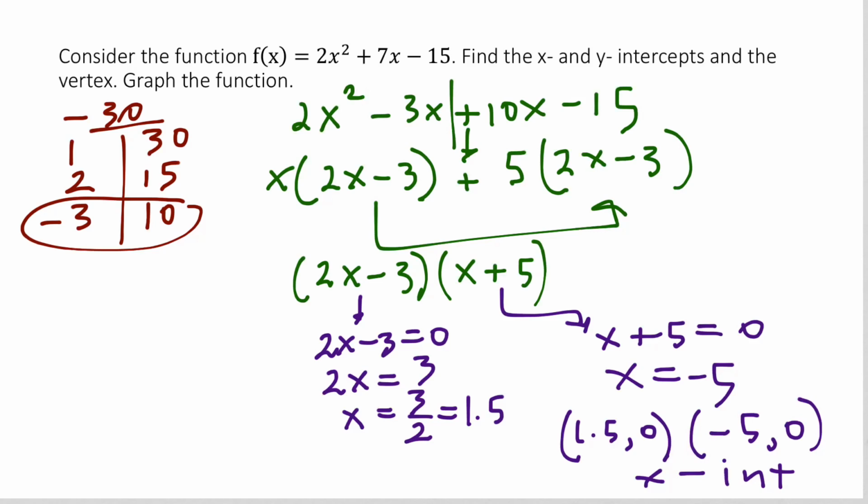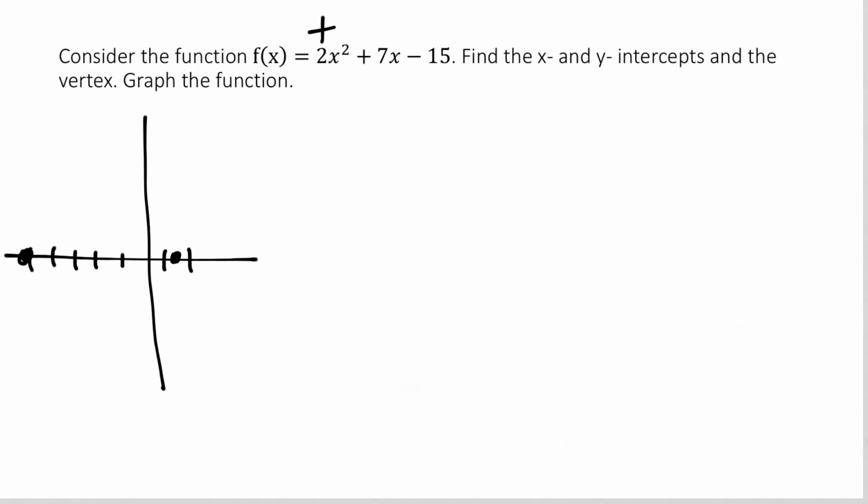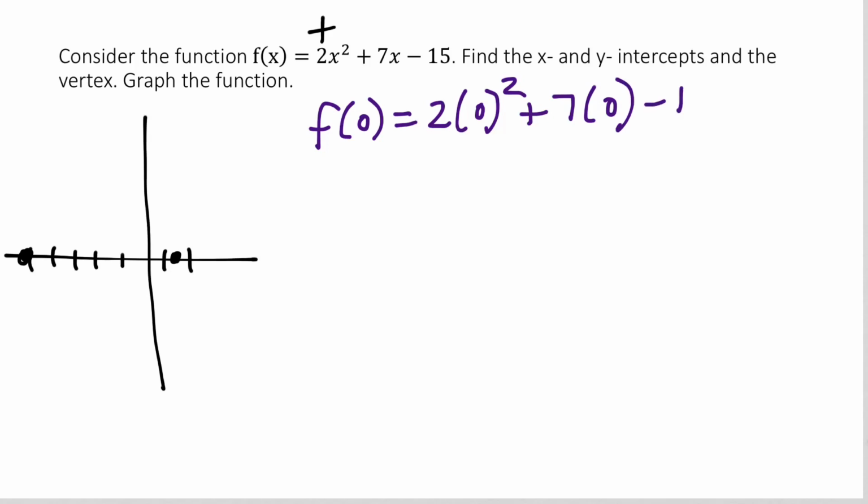Okay, so let's put our graph over here. Okay, so I put my x-intercepts on. Now I can see that my graph, because my leading coefficient is a positive number, is going to be an upward facing parabola. But for accuracy, I'm going to find the y-intercept before I sketch my graph. So you find your y-intercept by finding f of 0. So that's 2 times 0 squared plus 7 times 0 minus 15, which is equal to negative 15.